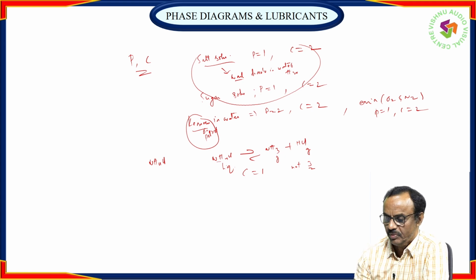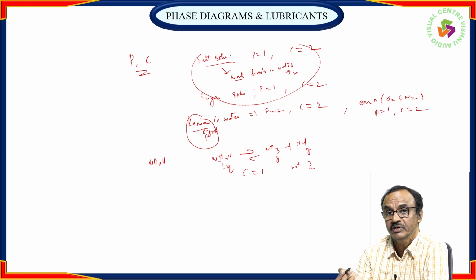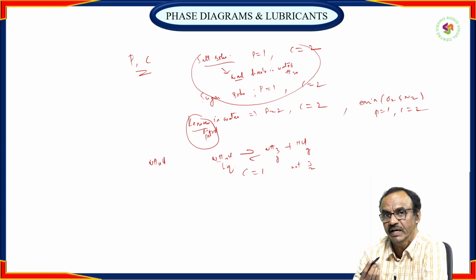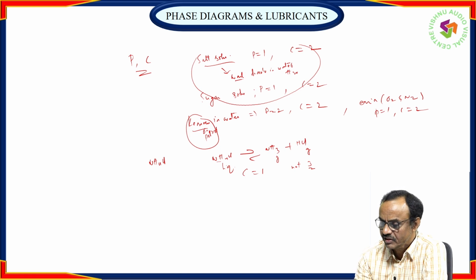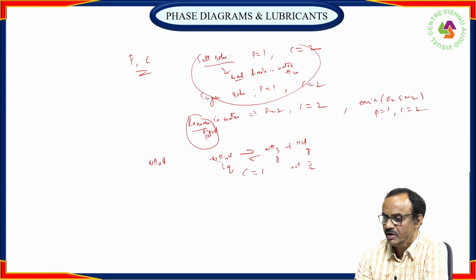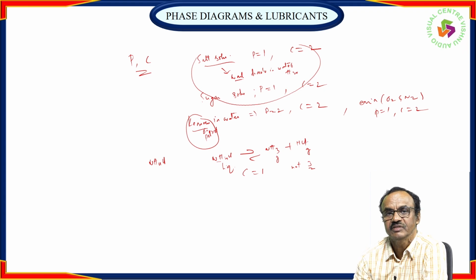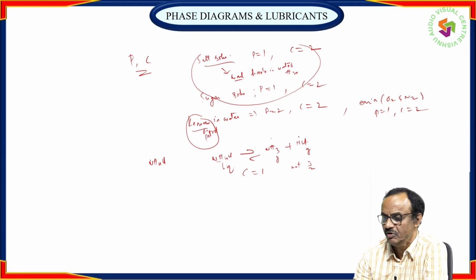So by taking only the definition, what is the definition? Components: the minimum number of chemical constants required to define and measure the composition of each phase. But here minimum, this is enough because both are there in one. When you combine these two, you will get this. A plus B is equal to C. Suppose it is C, A plus B, you will get this one.